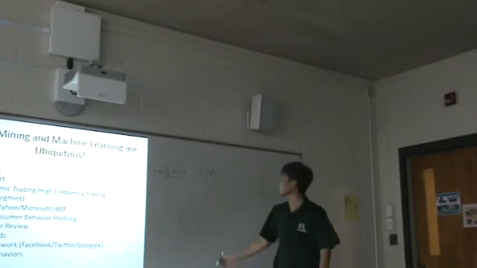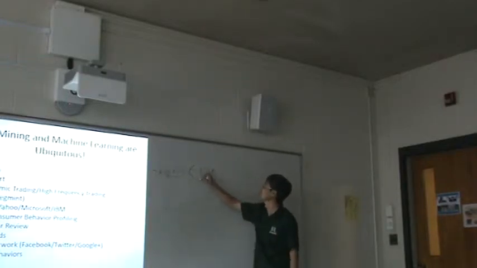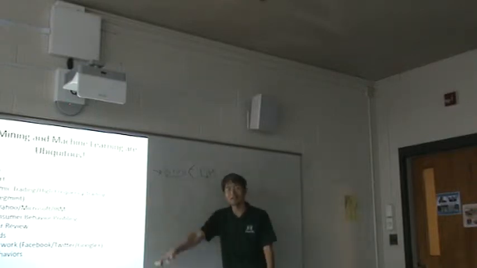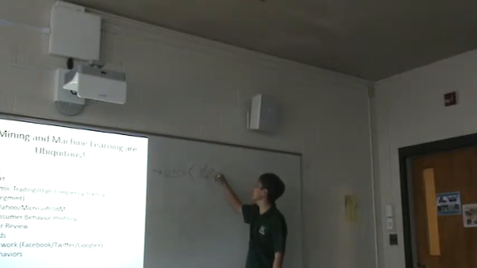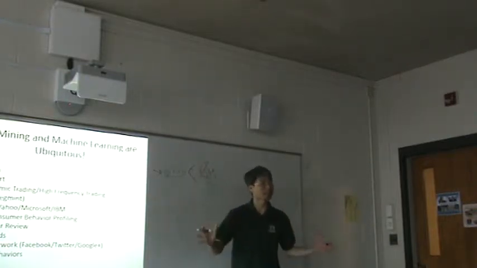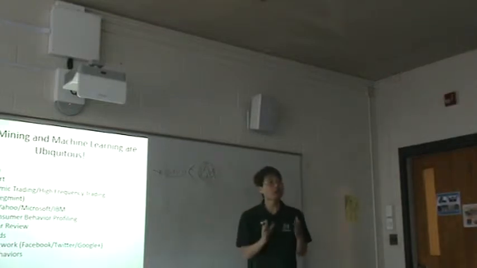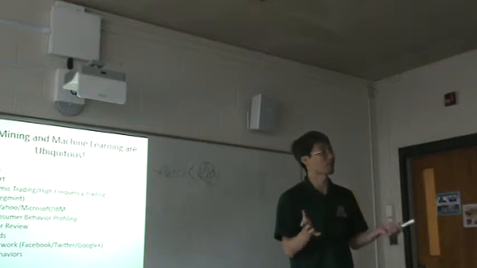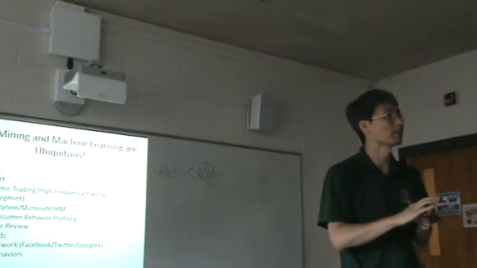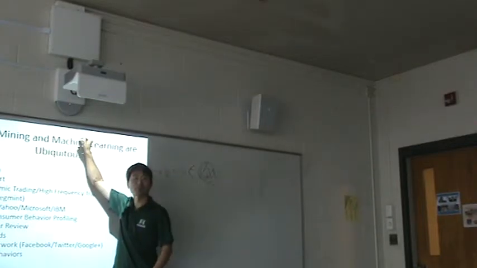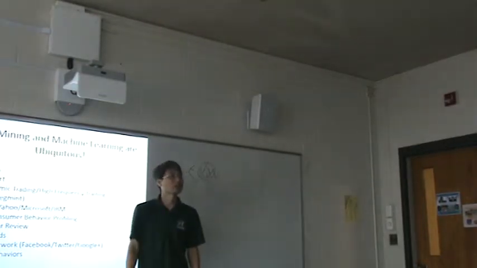The problem is it takes a longer time to process 10 million. It's not linear, it's exponential. So using a traditional system, you cannot process this, but since you have the Hadoop-based big data system, you can process this. So nowadays, because of the big data system, data mining and machine learning have been focused on a lot.